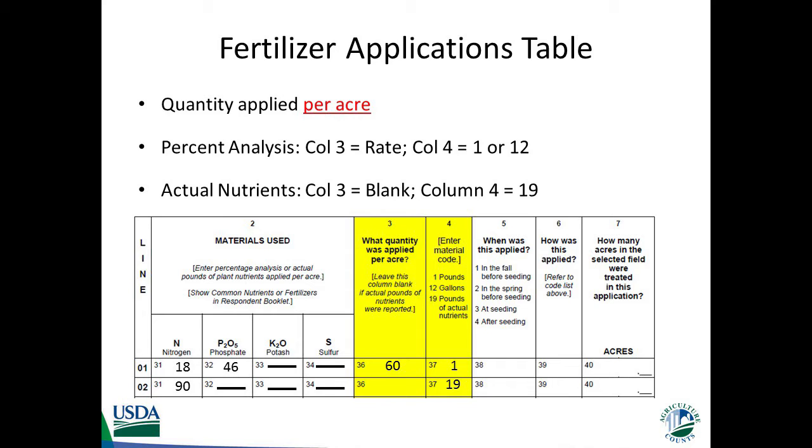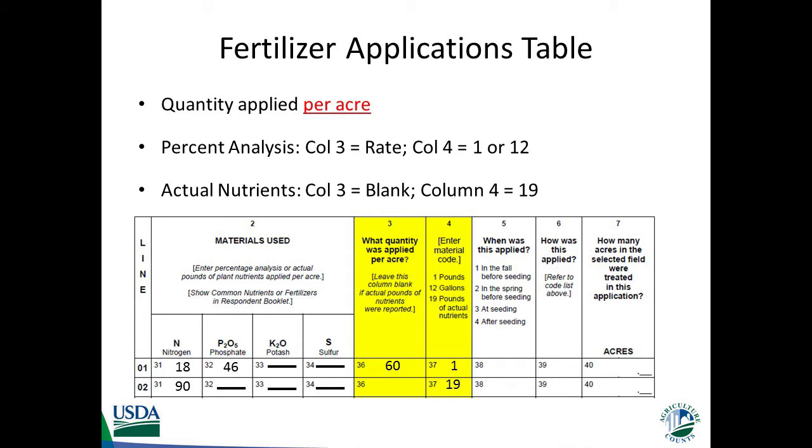Now, if the operator reports pounds of actual nutrients, so for example, the operator said, I applied 90 pounds of nitrogen per acre, he's probably referring to actual nutrients. So he applied some amount of an actual fertilizer to maybe get a kind of analysis to reach 90 pounds per acre, but for our intents and purposes, all we need to know is the 90 pounds of nitrogen per acre.